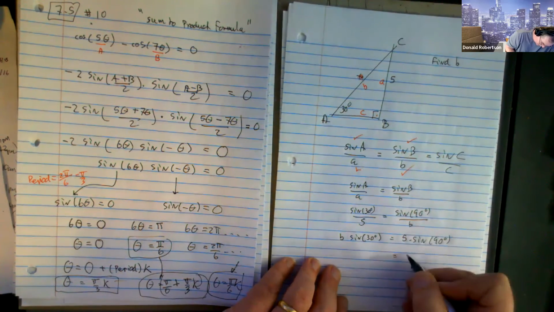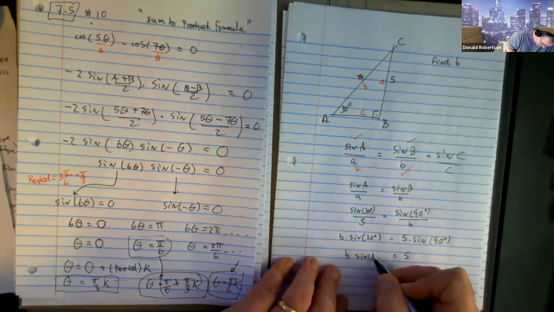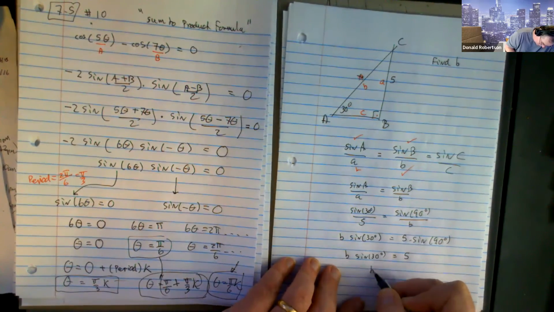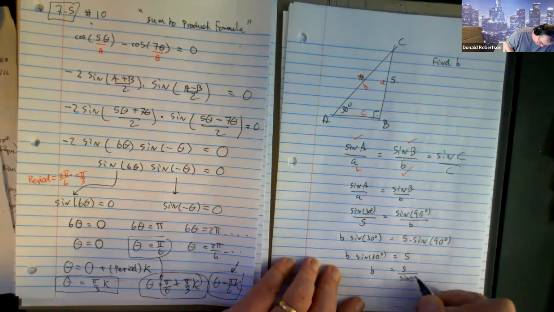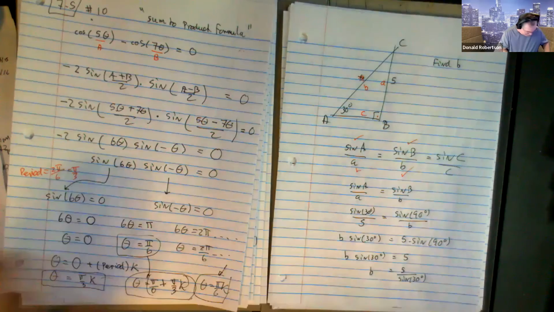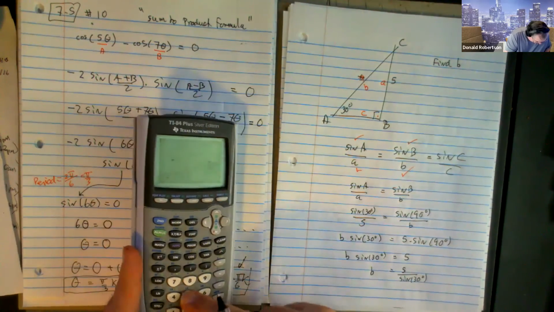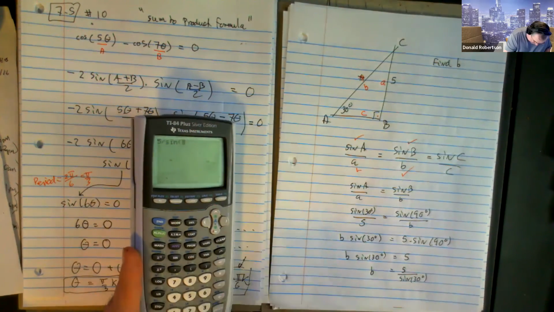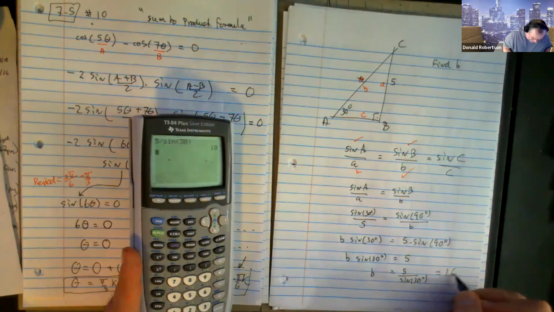Sine of 90 degrees is 1, so that makes b 5 divided by the sine of 30 degrees. And so 5 divided by the sine of 30 degrees, and the answer is 10.